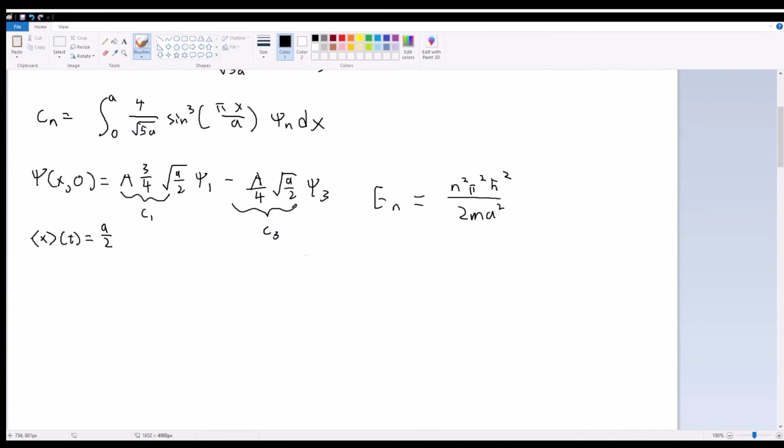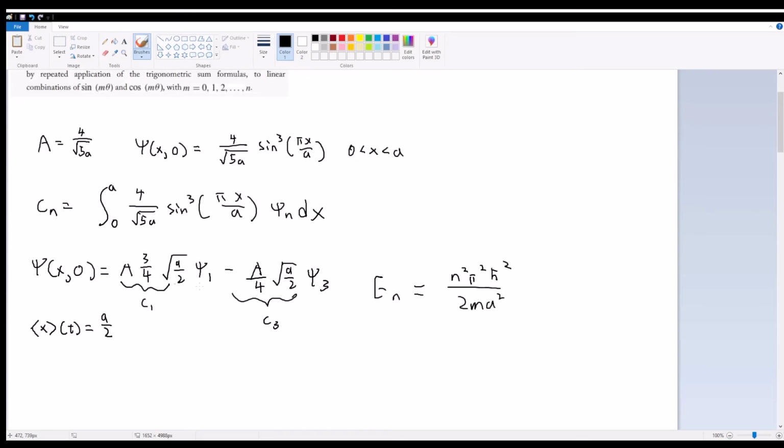So if we then add in the a, then okay, C1 is equal to 4 over the square root of 5a multiplied by 3/4 square root a over 2. So this is going to give us, let's see, the square root of a cancels the square root of a at the bottom, so we get 3 over the square root of 10.